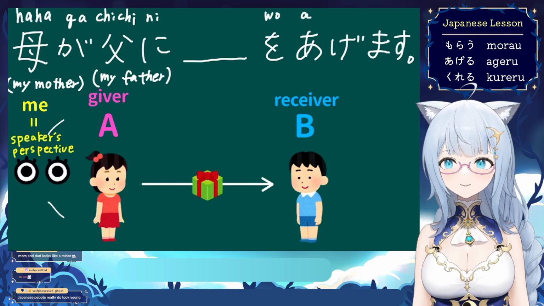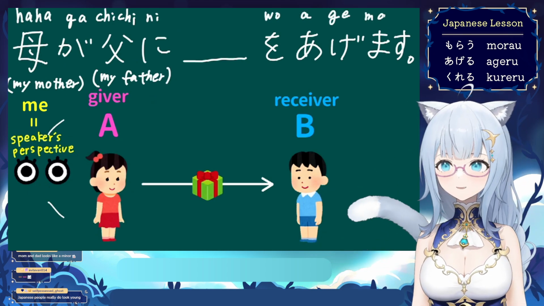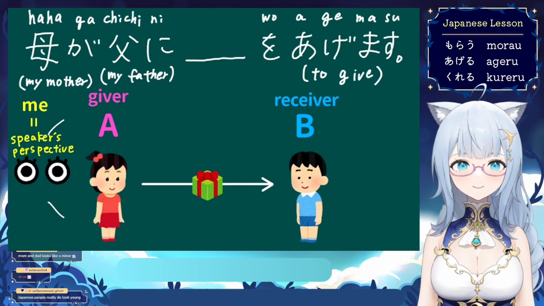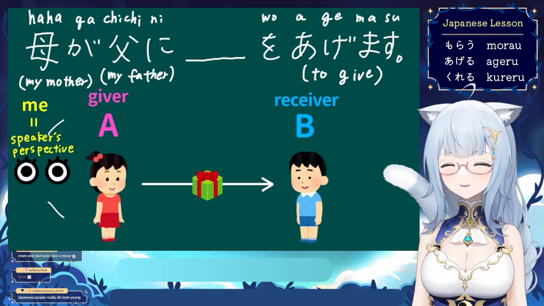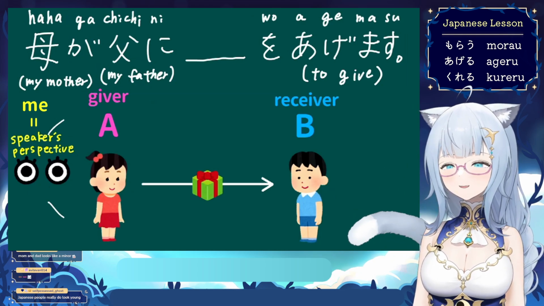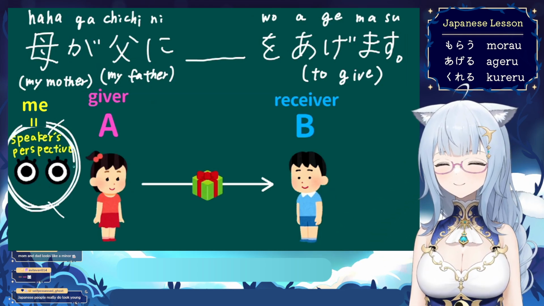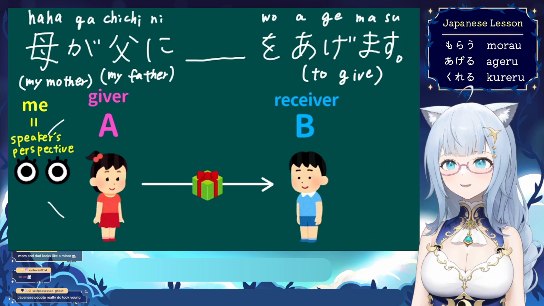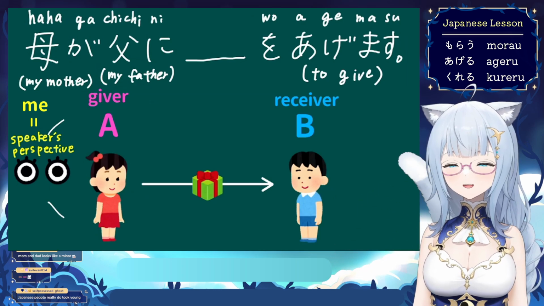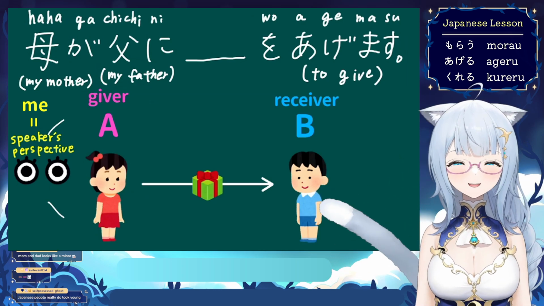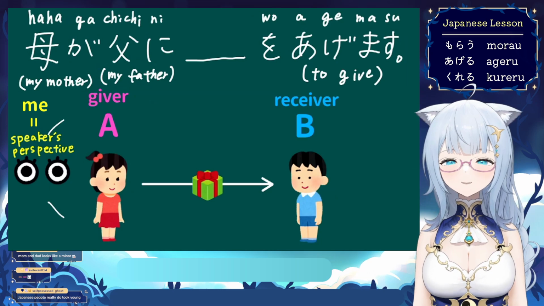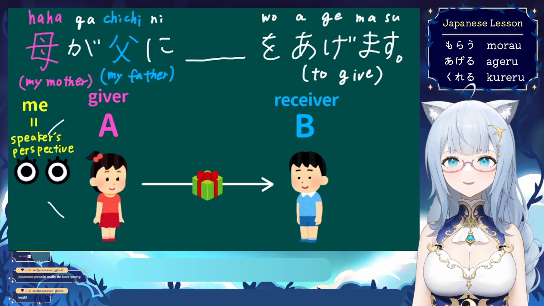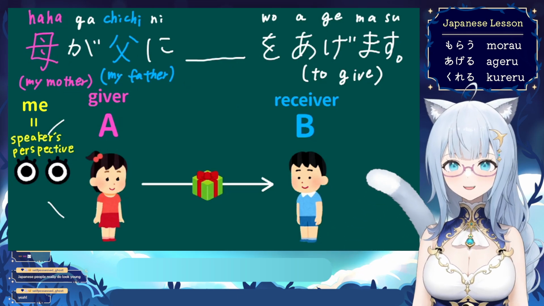My mother gives something to my father, and this is me. I am the speaker. From my perspective, my mother gave something to my father. So あげます is correct in this situation.